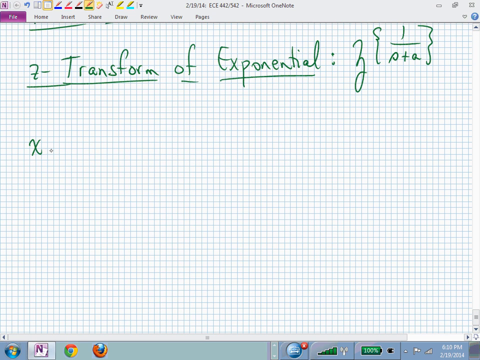So if I said, okay, we've had an x1 and an x2, let's do an x3 today. x3 is, let's say, the inverse Laplace transform of 1 over s plus a. And what is that?